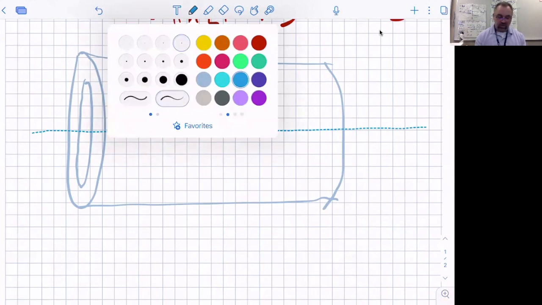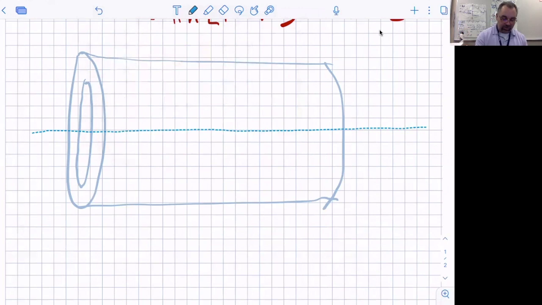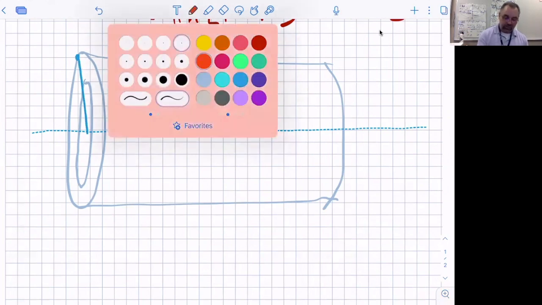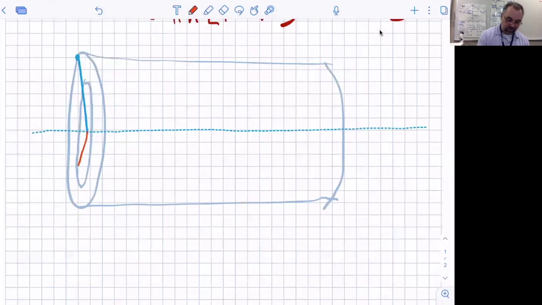One way to do it would be, kind of similar to the washer method, where we have a big radius going out to here, and then a little radius going to here, and we would subtract them, no problem. And that would work. We could take big R, find the volume of that outer tube if it were solid, and then find the volume of the hole through the middle and subtract them.